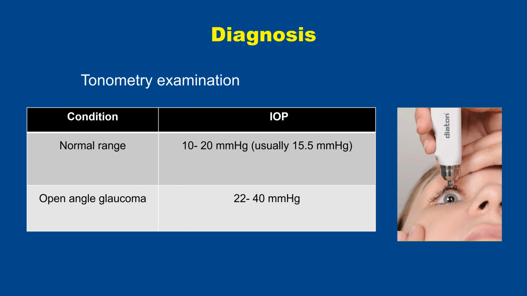Increased intraocular pressure can be detected by a tonometer. The normal intraocular pressure reference range is 10 to 20 mm Hg, and in case of open angle glaucoma, the intraocular pressure is raised to 22 to 40 mm Hg.